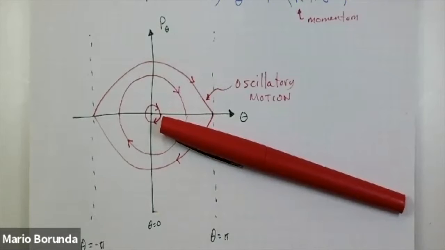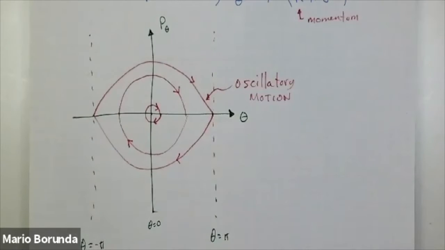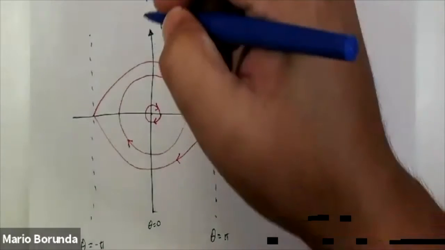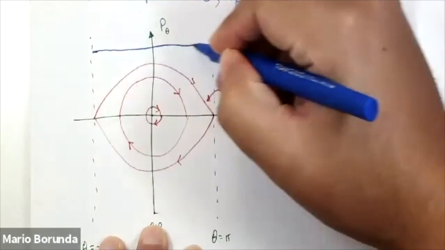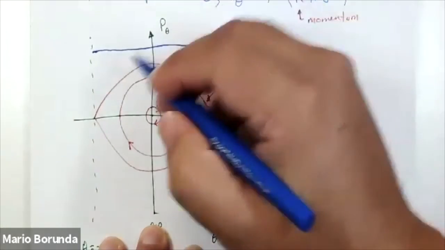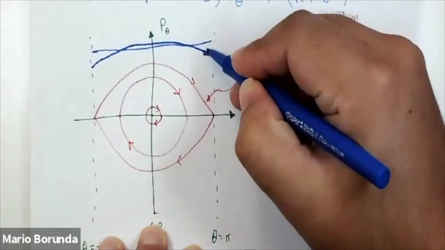But we have another quantity, another thing that could happen. And the other one that is interesting is that we can have motion up here. And actually this should have a little bit of a curve. So it should be going like this.